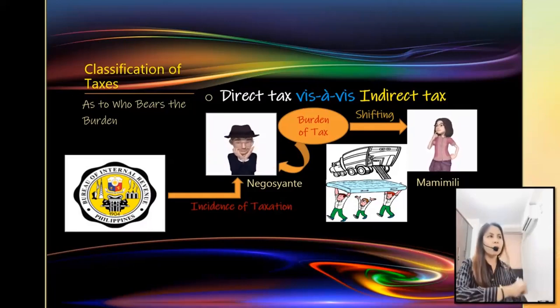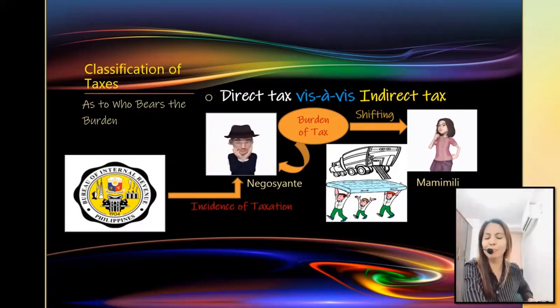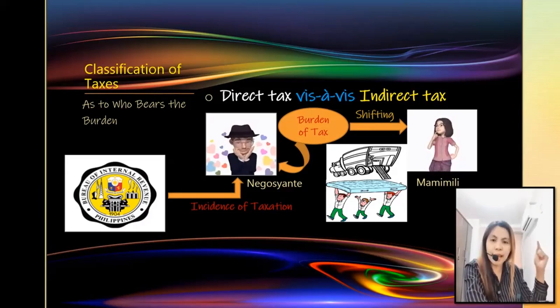Ma'am, you are wrong in saying otherwise. Now, as to tax rates, as I told you, taxes may either be progressive, proportional, or regressive. As to tax rates, we do not have, as the tax base increases, the tax rate decreases. That is as to tax rates.